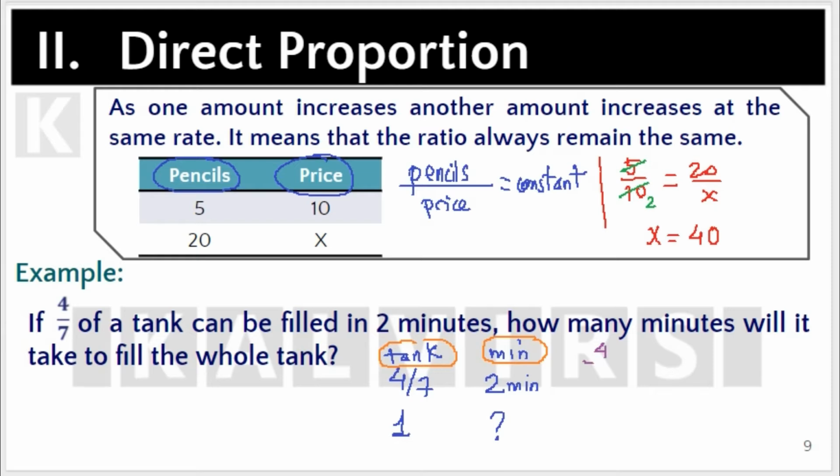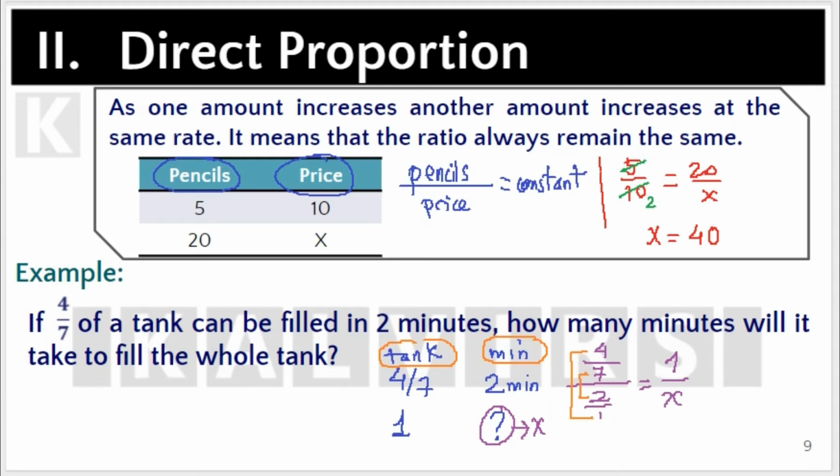It means that 4/7 over 2 equals 1 over, let's call this x. Here we have to do the following.